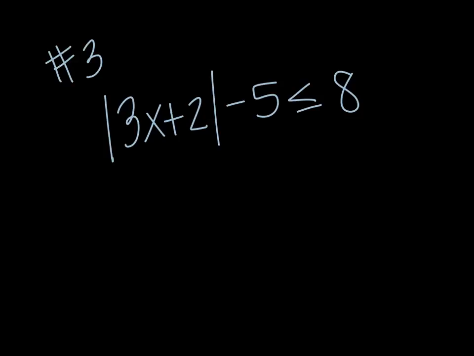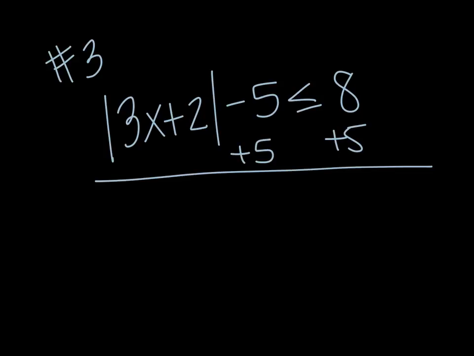So if you have something minus 5, how would you move it to the other side? We would need to add 5. So then you end up with the absolute value by itself on the left-hand side, and 8 plus 5 is 13. But you have to get that absolute value part by itself first.